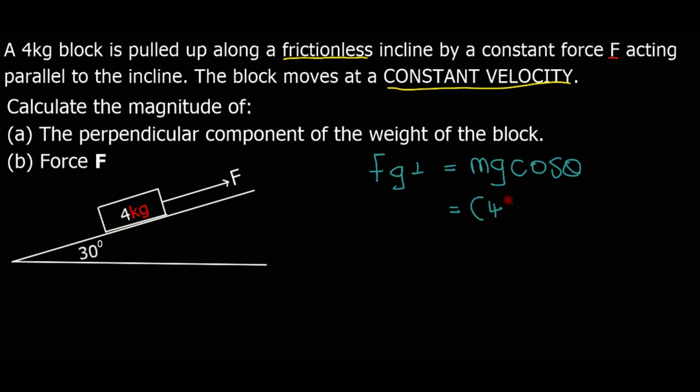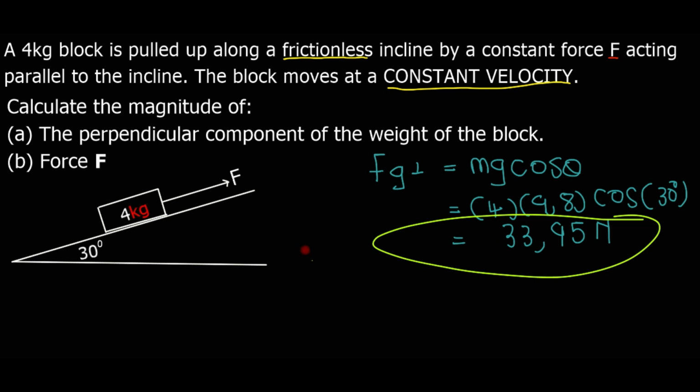We have 4 as the mass, and the angle is 30 degrees. So it will give us 33.95 newtons. So this is our perpendicular component.